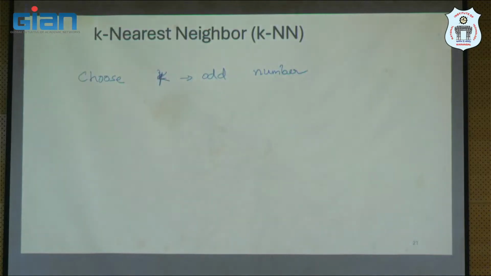Any parameter that must be entered into the algorithm by you for it to work is called a hyperparameter. So k is a hyperparameter for this algorithm that you need to specify for the algorithm to give results.